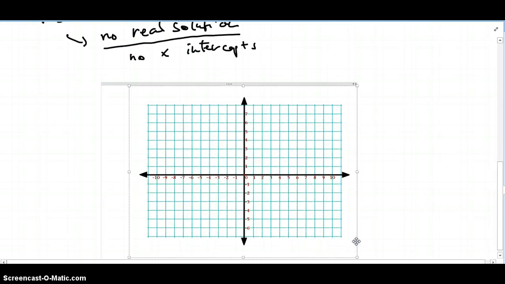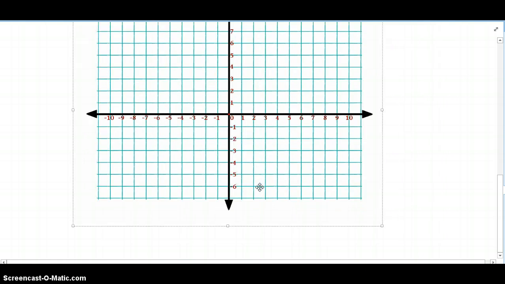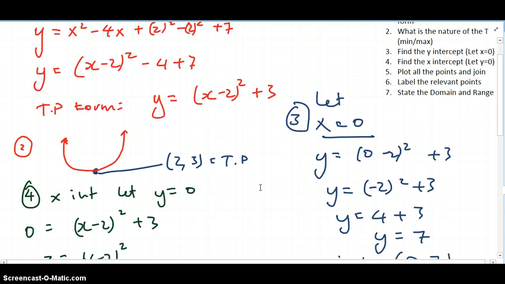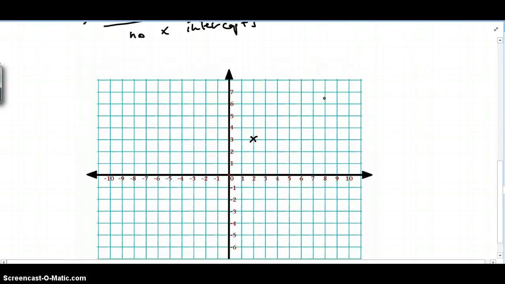So what points do we actually plot in this case? Let's have a look. So let's just plot what we've got so far. We've got the turning point, which is this. So let's plot (2, 3) on the graph. So (2, 3) would go right there. And then we have (0, 7).